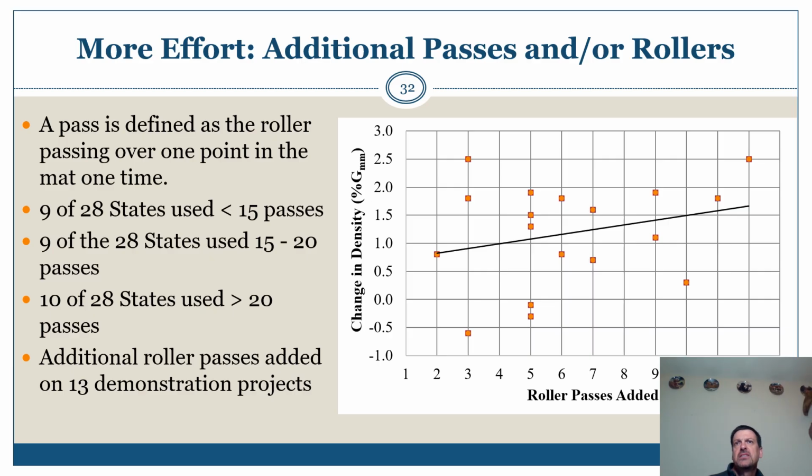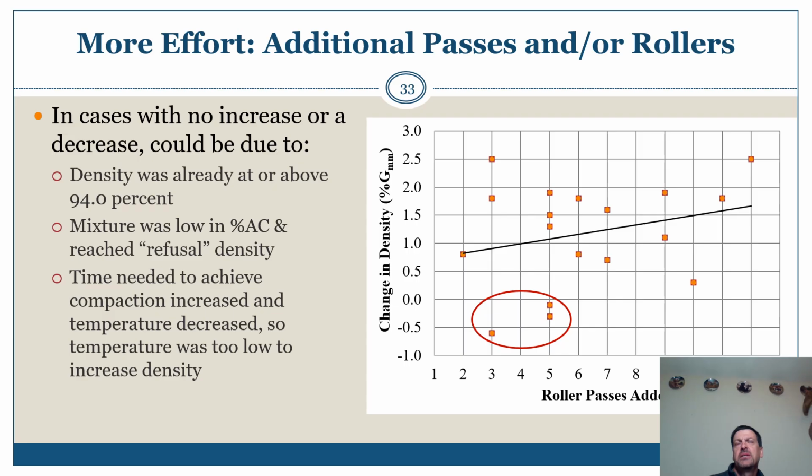Now you might be looking at this data and questioning what I just said. In some cases the density really didn't change, or it even dropped a little bit in one. Well, that could be possible for a handful of reasons. One is if the density is already very high and you keep adding passes, it may not change, right? Or you may begin to break them back down a little bit. Another is maybe the mixes were low in AC, and maybe they hit a refusal density, right?